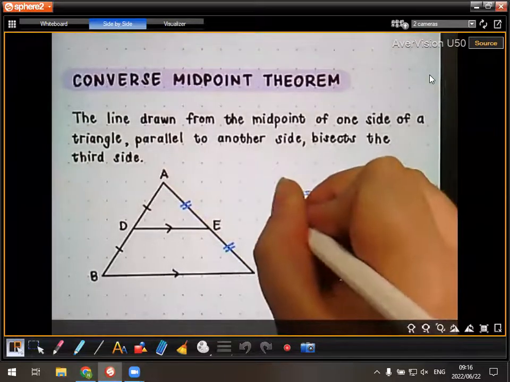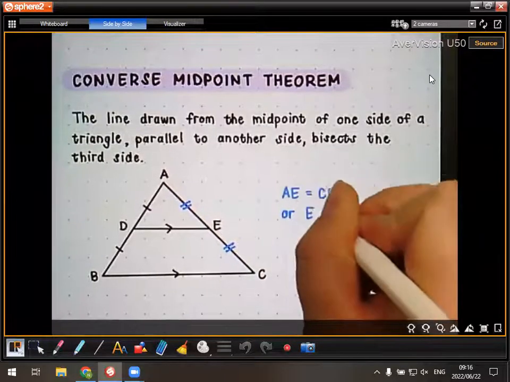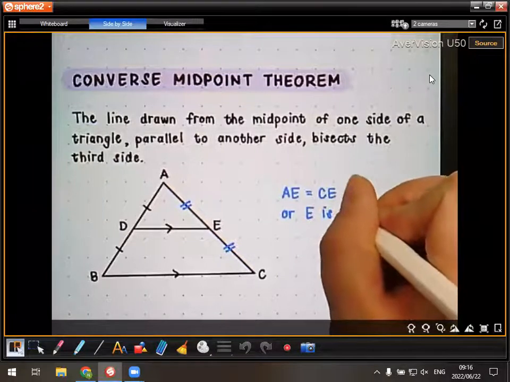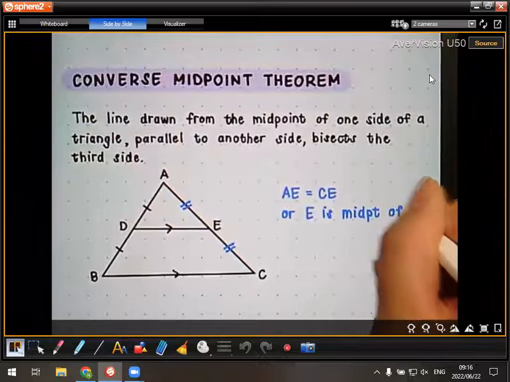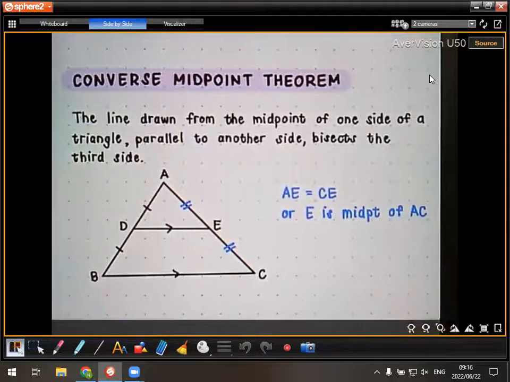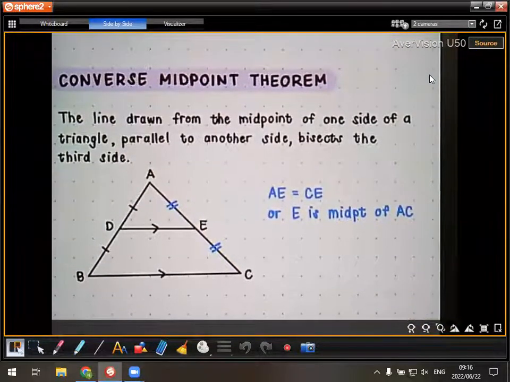Or we could also just say E is the midpoint of AC.